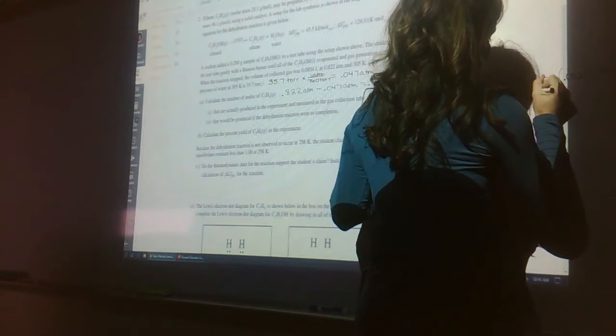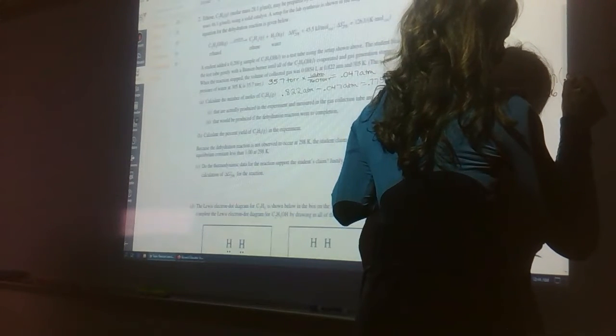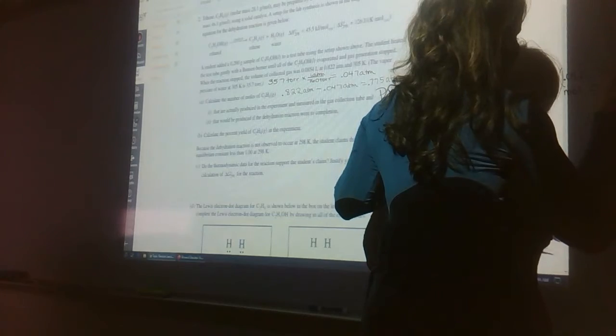When I solve for n, I get 0.0026 moles of ethene. So that's what was actually produced, judging by the pressure, volume, temperature.